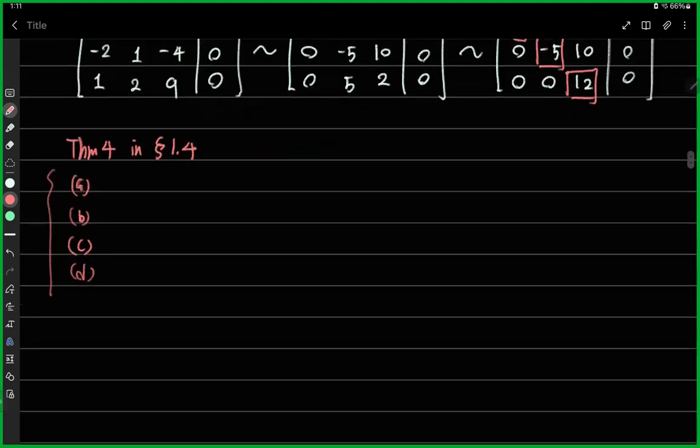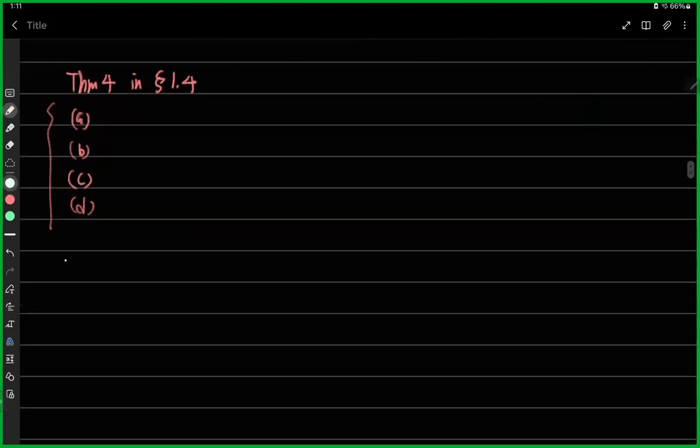parametric vector form. But let me just quickly go over this. Okay.